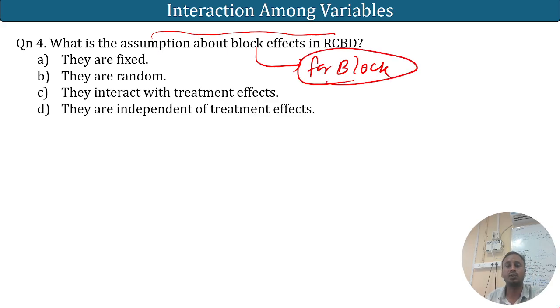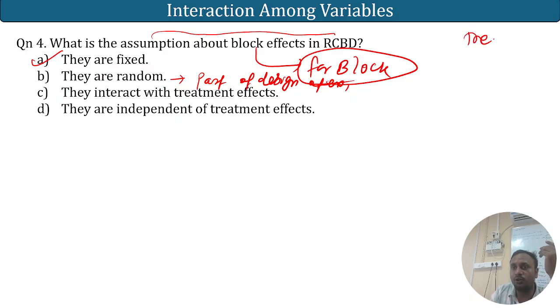So the block will always be fixed. Random is part of the design of experiments. The only thing that is random is the treatment, A, B, C, D, which will vary.